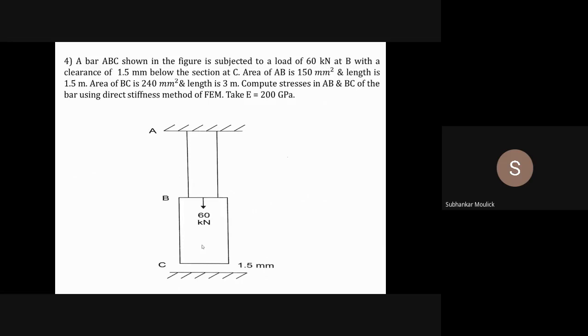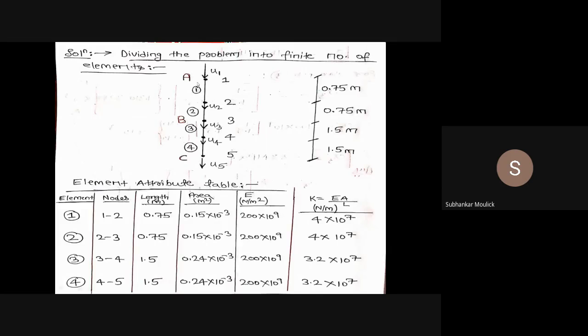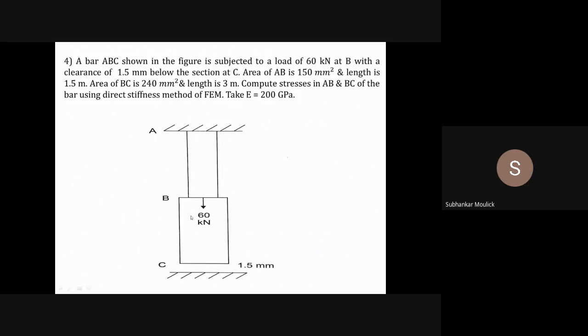Let us assume that the displacement of each node is denoted by the symbol U. By looking at this problem, I can see that every node can displace in the vertical direction, that too in the downward direction. So for node 1, vertical displacement is U1. For node 2, U2. Node 3, U3. Node 4, U4. Node 5, U5.